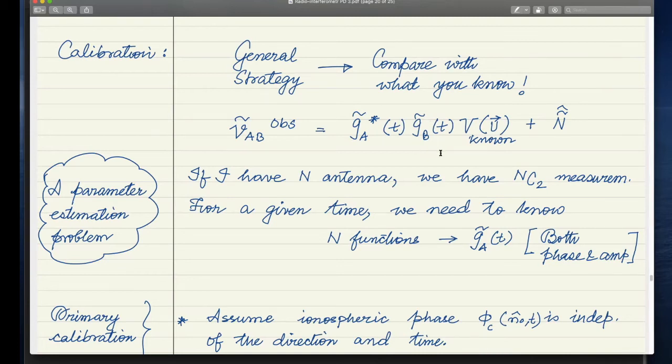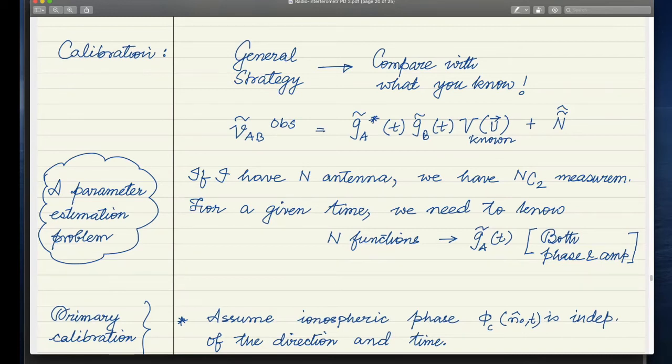Now you also realize that I have GA and GB multiplied here. They are complex numbers. So the amplitude parts of the gain will be just multiplied. The phase part of the gain will be added up, right? Or subtracted in this case because one has a complex conjugate. What I really try to know now is the gain of a given antenna.